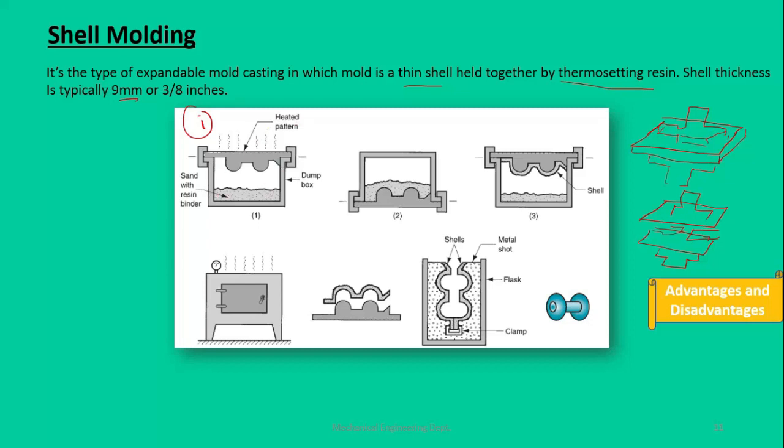That flask is filled with sand mixed with resin or binders. Then we simply invert the flask and allow the sand mixed with the resin and binders to lay down on this pattern, and we allow it to form a shell.